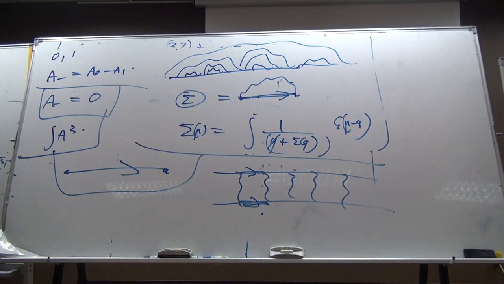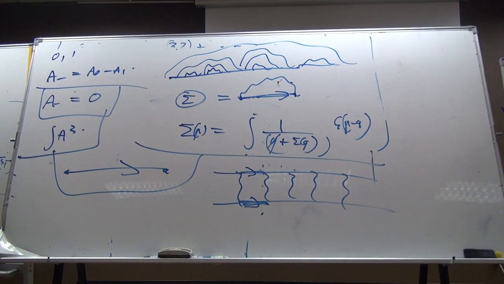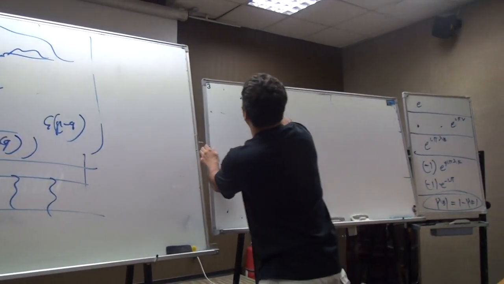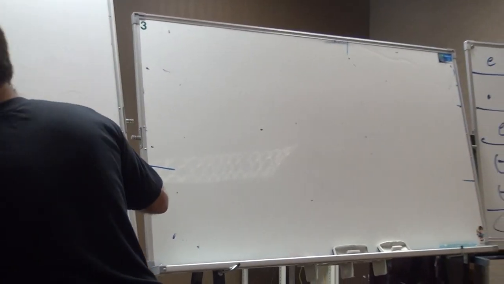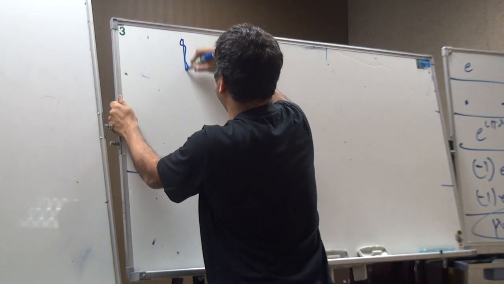Okay. Now, summing these graphs can once again be turned into solving an integral equation. Let me denote the full sum of these graphs by the renormalized exchange.